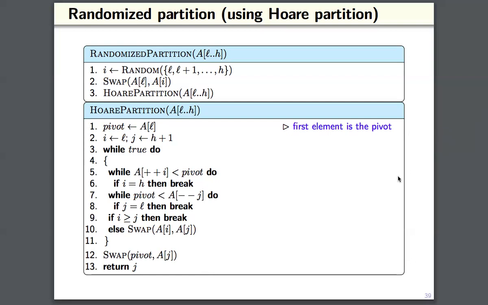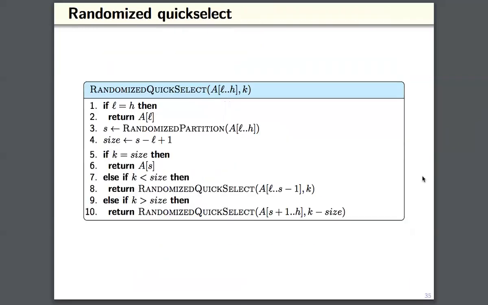So any questions? This is a very important problem, the partition itself, because in quicksort, we will not cover this again. We will say that we have already covered partition, and we will just focus on quicksort logic. But this partition is also part of quick select, randomized quick select.